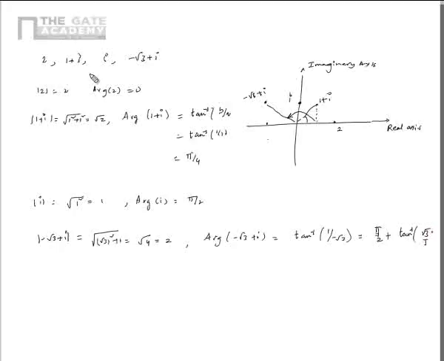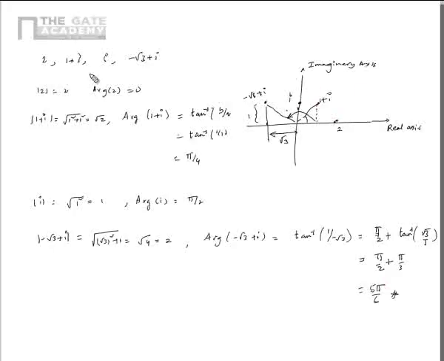Looking at this angle, this is root 3 and this is 1 in distance. So root 3 by 1, so this is pi by 2 plus pi by 3, which gives 5 pi by 6.